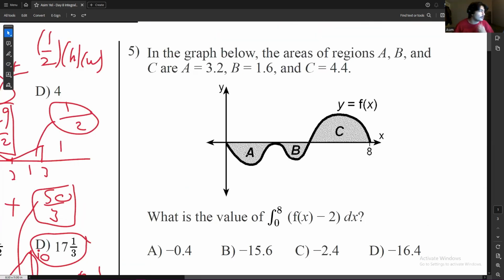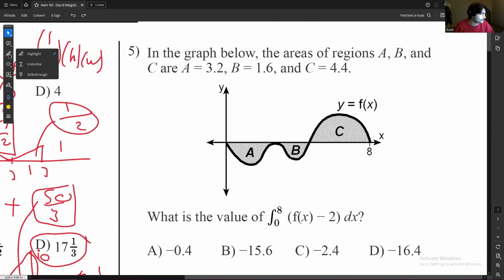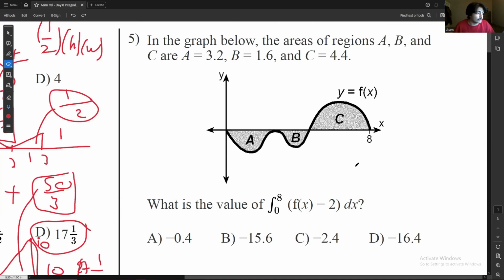Question number 5. In the graph below, the areas of regions A, B, and C are A equals 3.2, B equals 1.6, and C equals 4.4. What is the value of the integral from 0 to 8 of f(x) minus 2 dx? Okay, so guys, you might be asking, awesome, how am I going to find this? I just have the area of this region, but not minus 2. So guys, we have a beautiful rule in integrals.